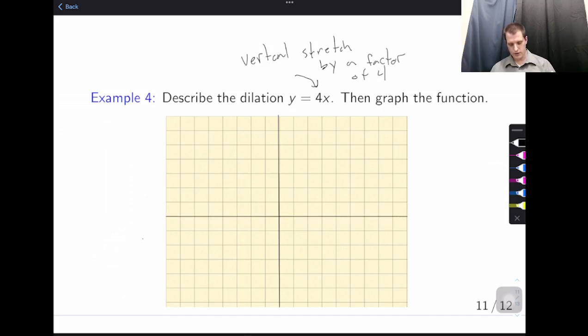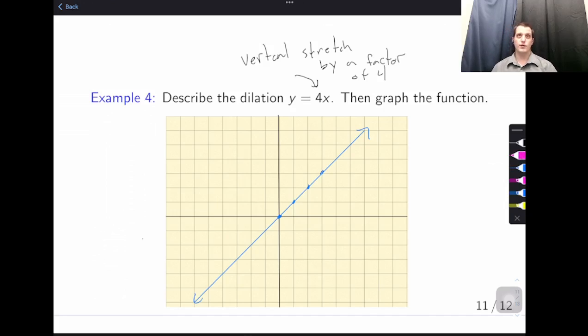So if we had our original graph, we would have our identity graph with (0, 0), (1, 1), (2, 2), (3, 3), and so forth, and just continuing that on forever. Then it goes down the other way also. And what we're going to do here is we're going to stretch this by 4. So we're going to multiply each one of those y values by 4.